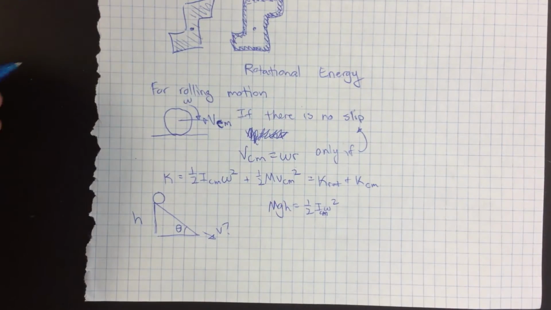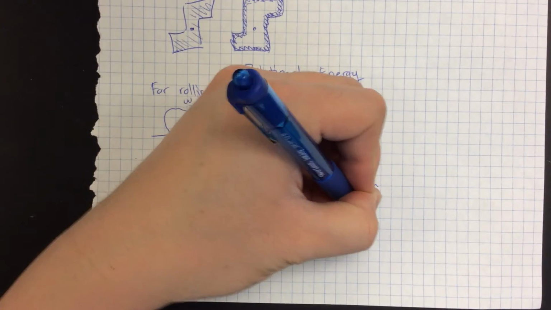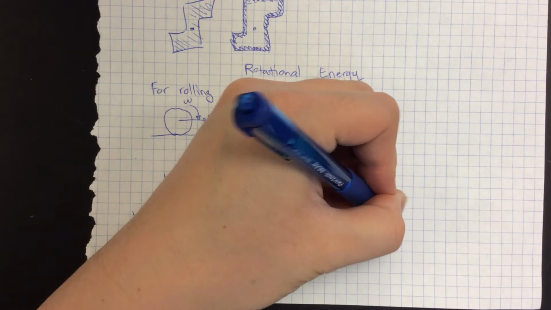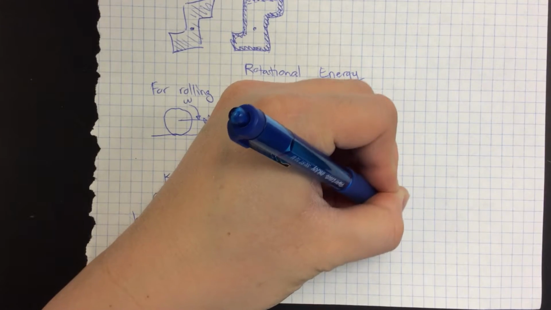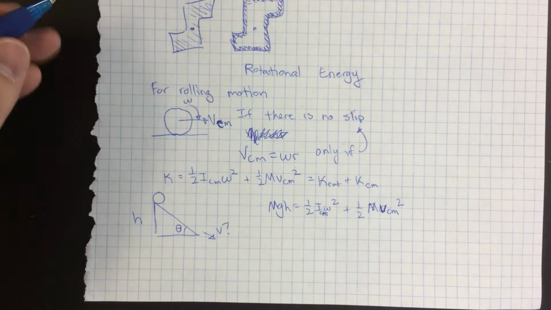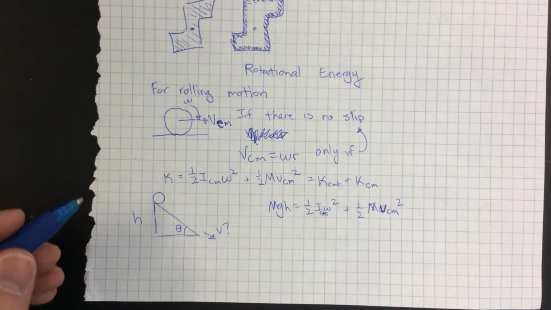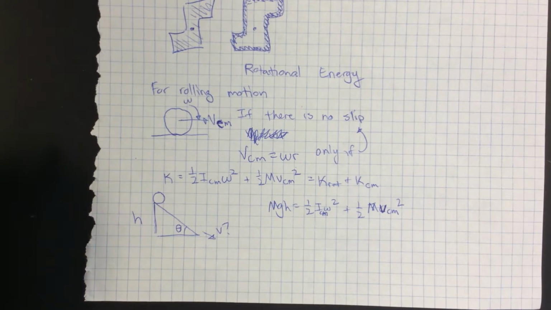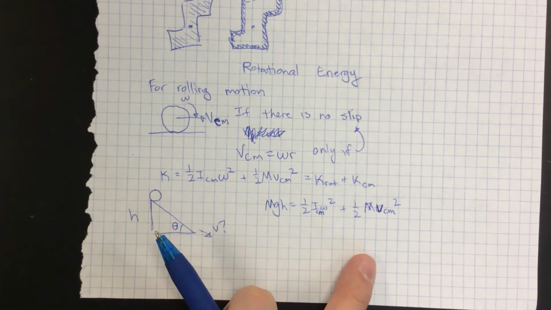So you have 1/2 I around the center of mass, omega squared, plus 1/2 m v cm squared, the velocity of the center of mass. But we have a relationship.